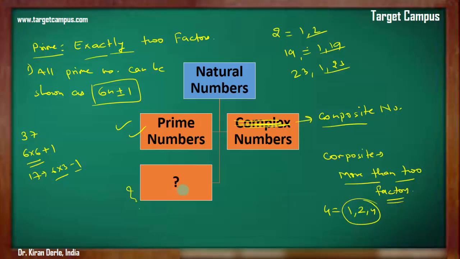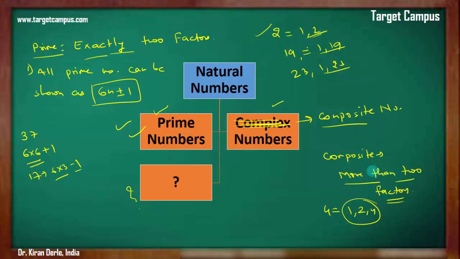Now, if you have to categorize natural numbers into these forms, we have already categorized natural numbers as odd and even, but this is also one of the categorizations you can make of natural numbers: prime numbers and composite numbers. In prime numbers, we have all the numbers having two factors.